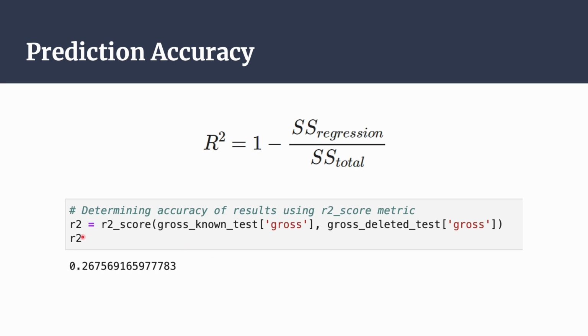The prediction accuracy that we achieved with our model was 27%, which is not the worst, but not the best either. We believe that we could achieve better accuracies if we used more sophisticated models than KNN, but that is beyond the scope of this course.